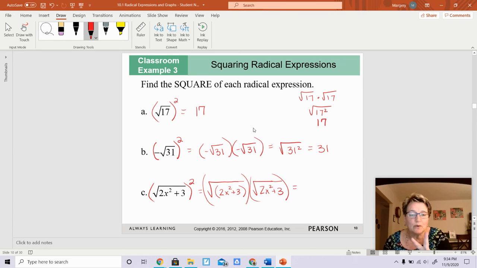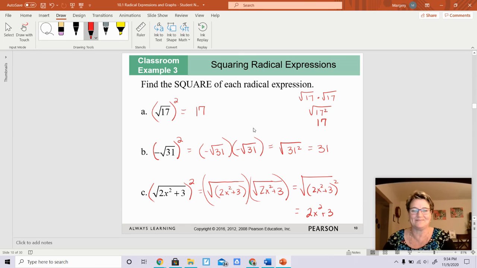It means you have two of them. So that is squared. So that's going to be 2x squared plus 3 to the second power. Now remember, whenever you take the square root of something that is being squared, whatever's being squared comes out. So what's inside the parentheses is going to give you 2x squared plus 3. And there you get. All right, so those are those two.